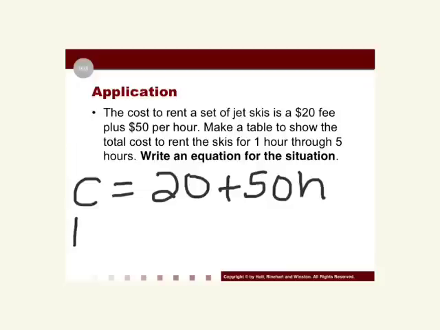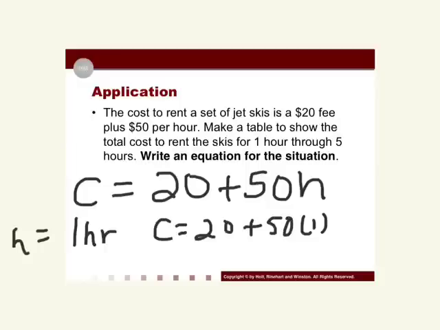So now if I want to find how much it's going to cost for 1 hour, I'm going to let H equal 1. So I have C is equal to 20 plus 50 times 1. And I get 20 plus 50 is $70. So it's going to cost me $70 if I rent it for 1 hour. So what happens if I rent it for 2 hours? Is it $140? Well, the answer to that is no, because we get charged again only for the other hour.